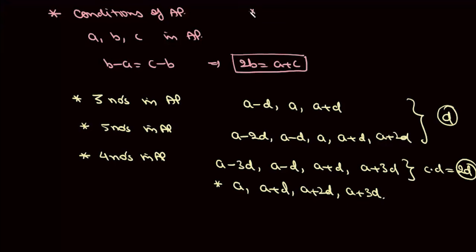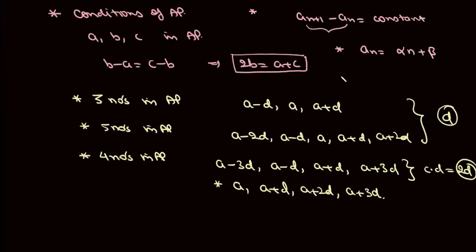Or they may give you this condition that A(n+1) minus A(n) is constant. That is, difference of any two consecutive terms is constant. Or an equivalent condition could be you are given an A(n) which is linear in n, so it can be alpha n plus beta.